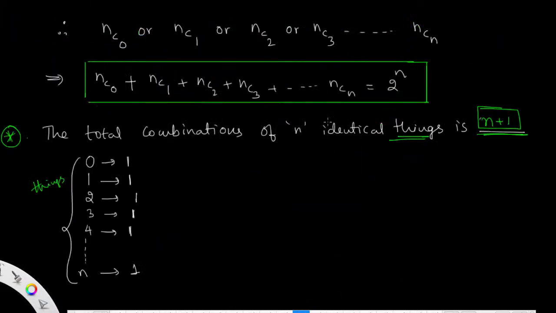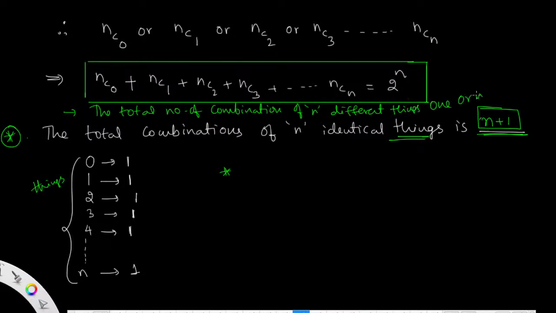Last point: the total number of combinations taken any number of times is 2 power n, as we have just completed. If the total number of combinations of different things is taken one or more times, then the first term, the zero selection, is not there, that is nC0 equals 1 is removed. Moving it to the other side, it becomes 2 power n minus 1.